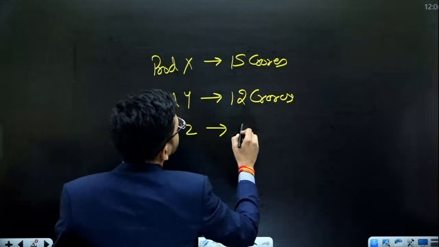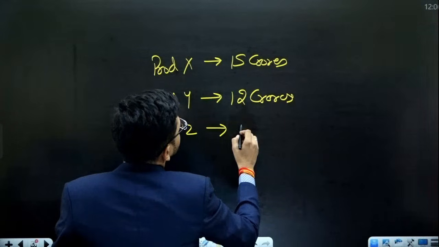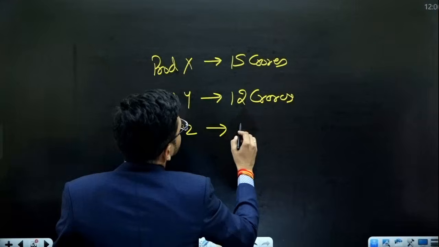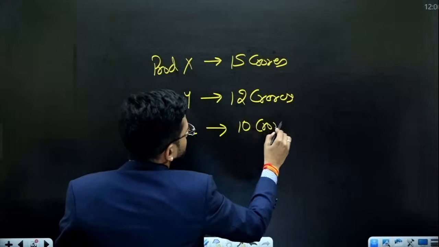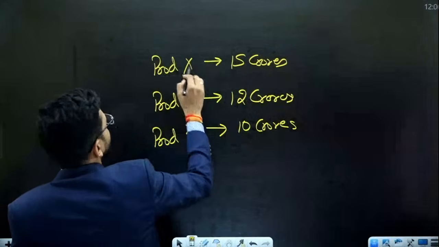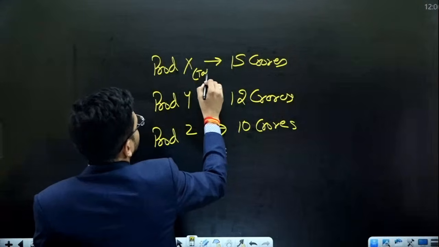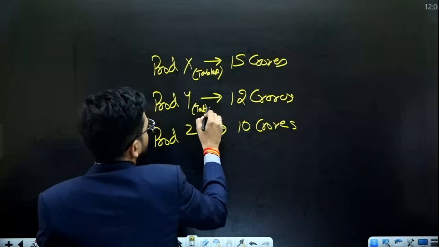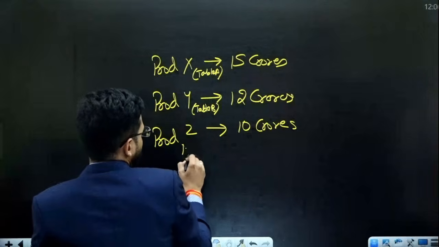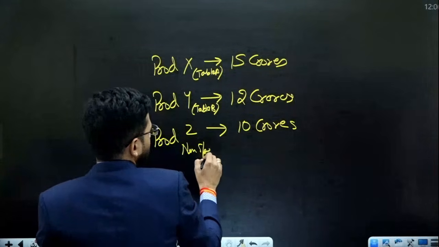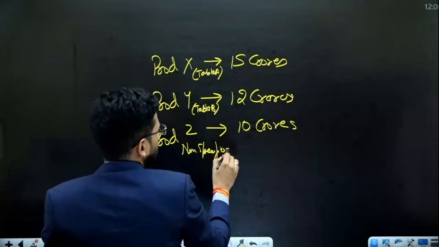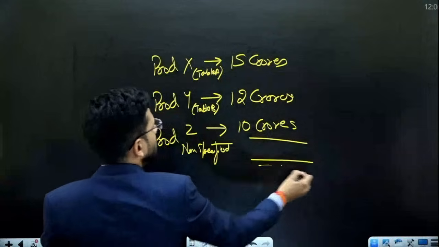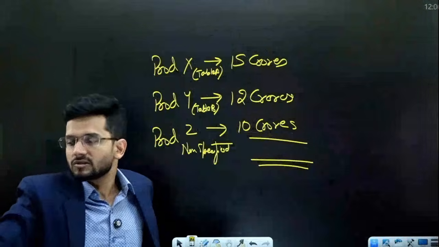Product Z, 10 crores. Product X is table A. Product Y is table B. And product Z is non-specified.